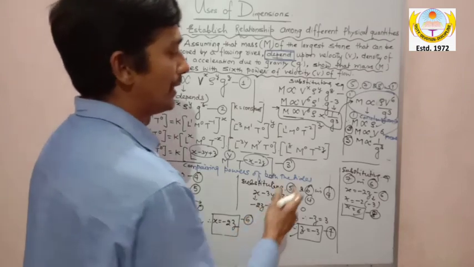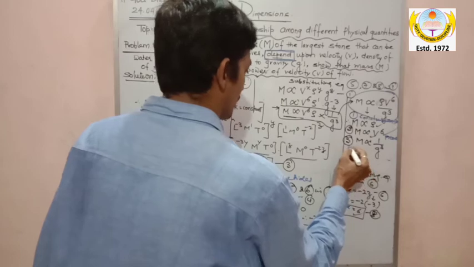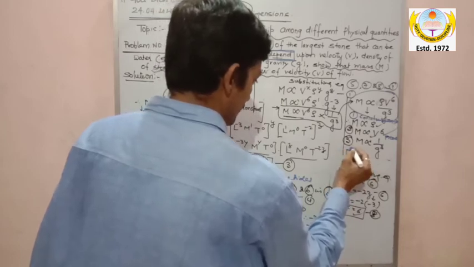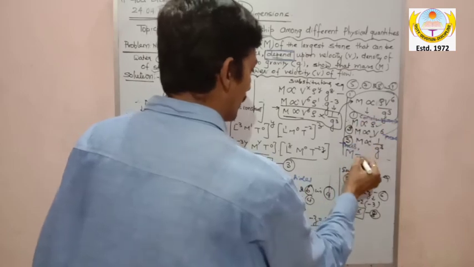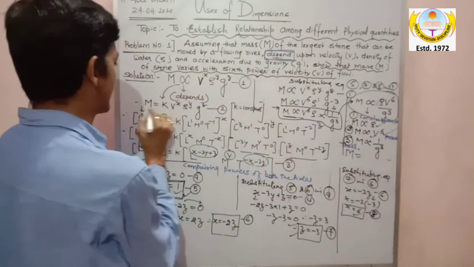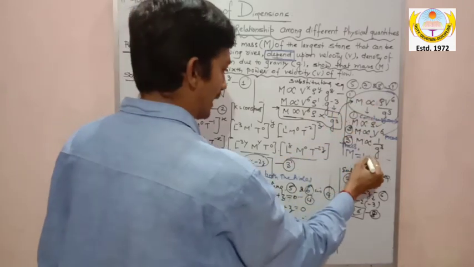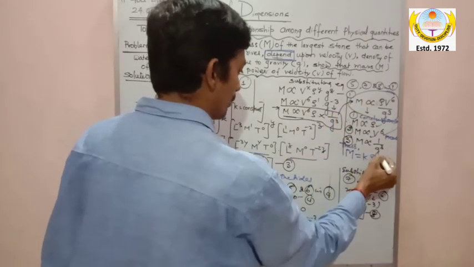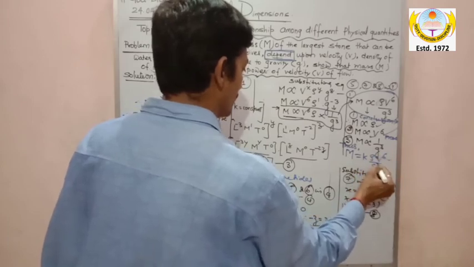And at the end, my dear, when you will add this, m is equal to, because all you know I have done in step number 2. This is m is equal to, proportional is removed by k, and this is rho, this is v power 6 divided by g cube.